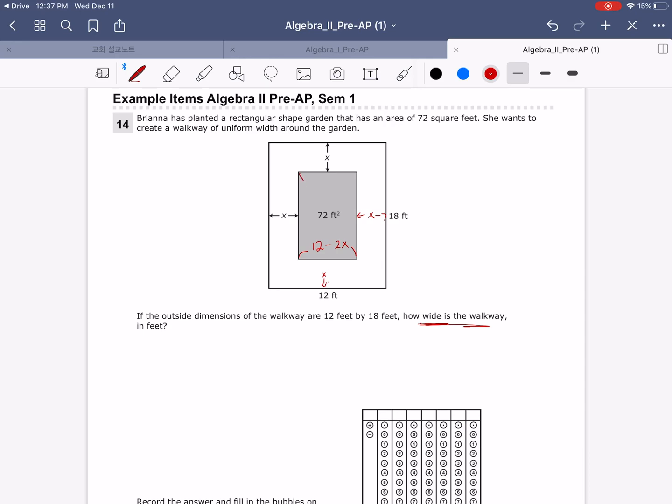And again, here to here is going to be 18 minus 2x, because we have an x here and x here, and here to here is 18. So basically 18 minus 2x and 12 minus 2x is equal to 72, the area.